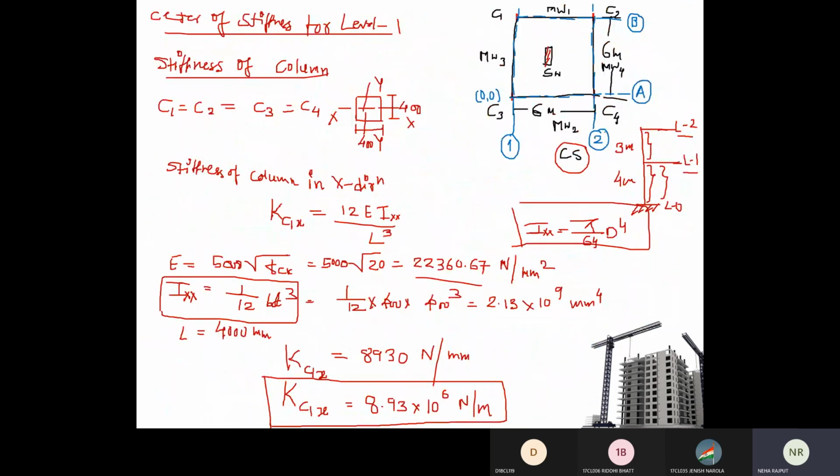So I am marking that. This is A, B. Then from the center of this shear wall, I consider this as C grid, and in Y direction also, passing through the center, I will consider this as 3, right? So these are grids A, B, C in X direction, and grids 1, 2, 3 in Y direction.